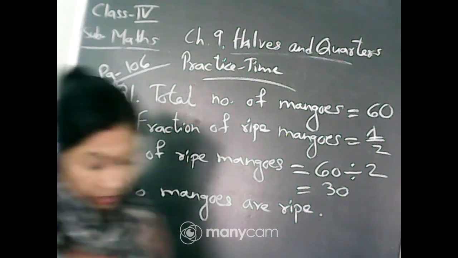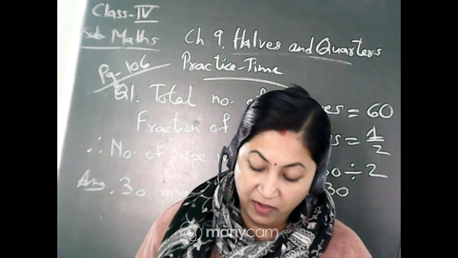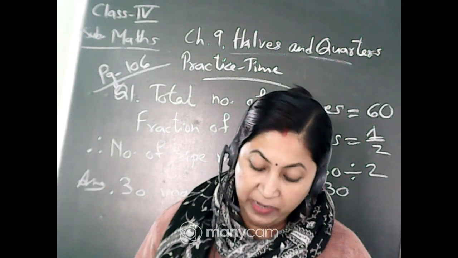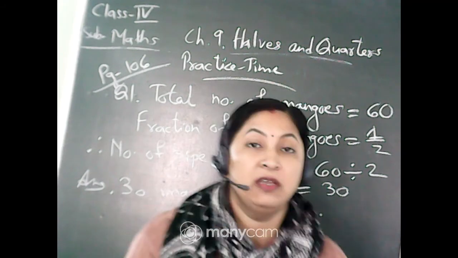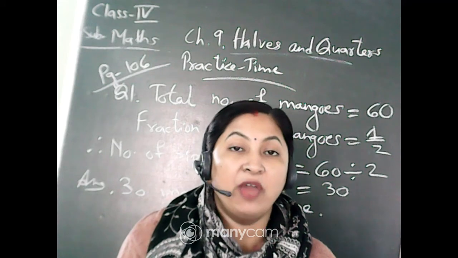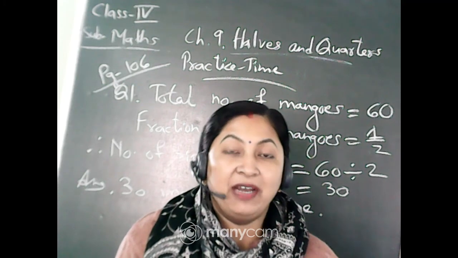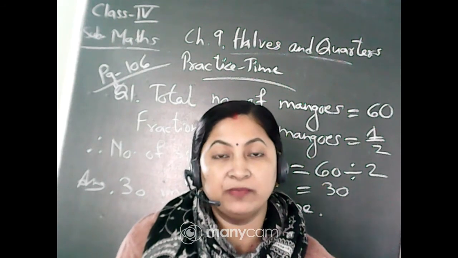See the second question. There are 32 children. Half of them are girls. How many children are boys? Now here total number of children is 32. From this 32, half of them are girls, and you have to find out the number of boys. When half is girls, that means naturally the other half is for the boys, isn't it?